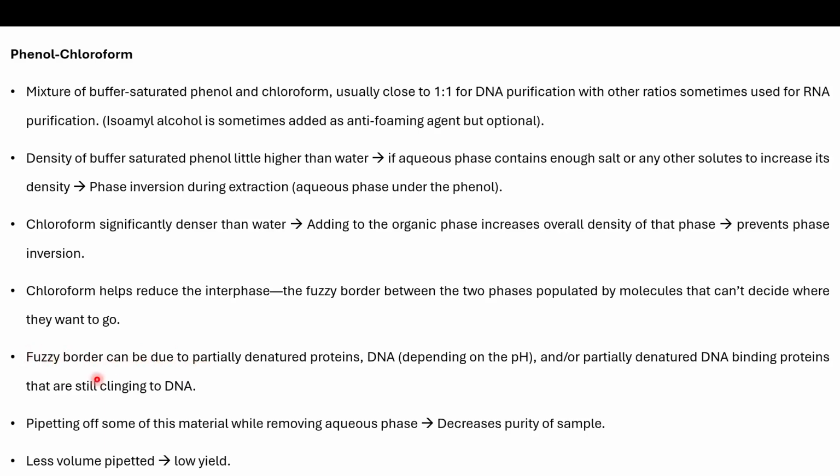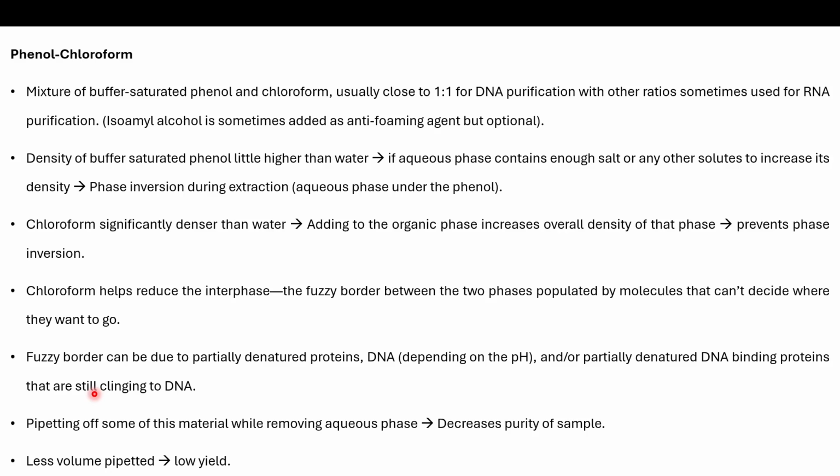What can be the reason for this fuzzy border? This is due to the molecules which can't decide where they want to go, mostly partially denatured proteins. DNA can also be there when we don't maintain the pH, then it won't really love to go to the aqueous phase. Or partially denatured DNA binding proteins, which are also bound to the DNA.